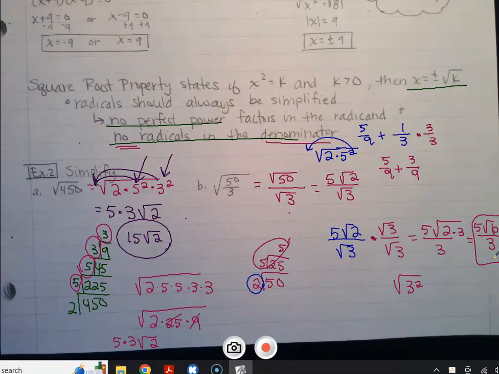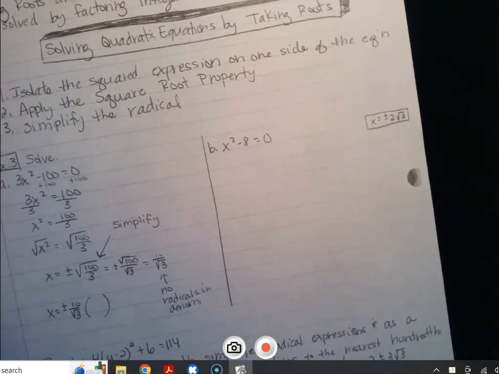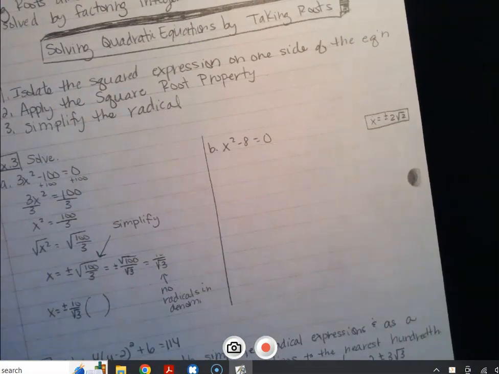So let's see. Let's go ahead and try the next one because it's also just, I believe, no, I skipped the next one. I think it goes, because see, this goes to an equation.